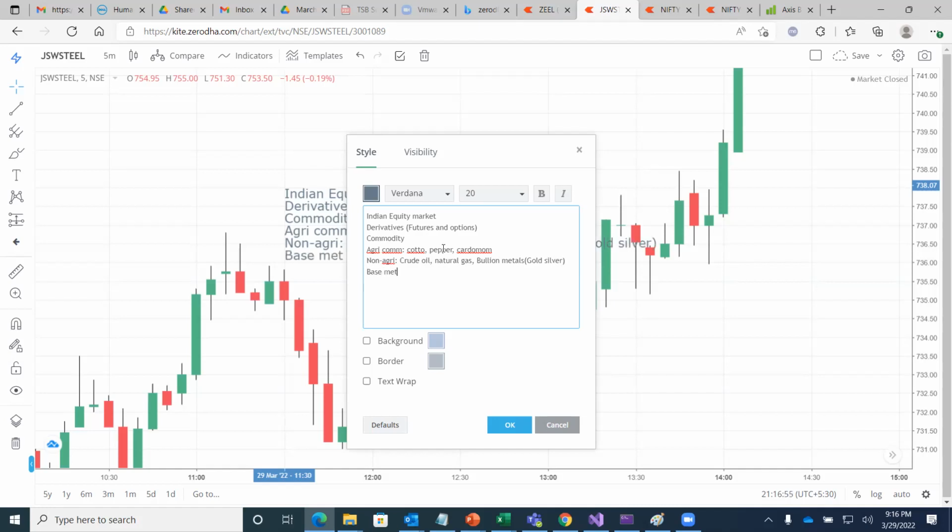There are base metals: zinc, lead, aluminium, nickel, copper, etc. I'm just listing the volatile commodities. Crude oil is considered very, very volatile, and nowadays you're hearing about it because of the Ukraine war. Bullion metals, gold and silver.